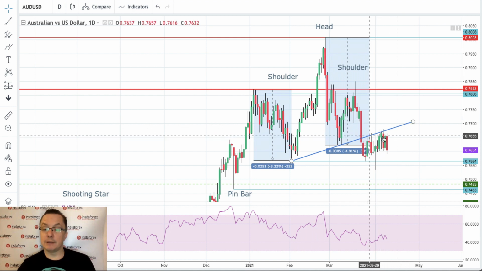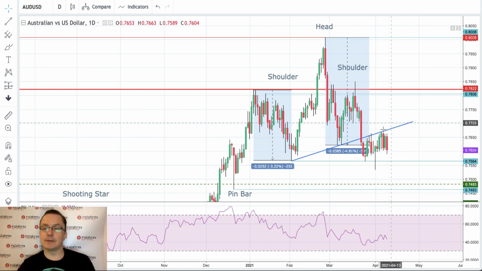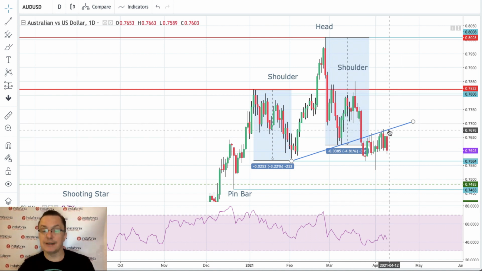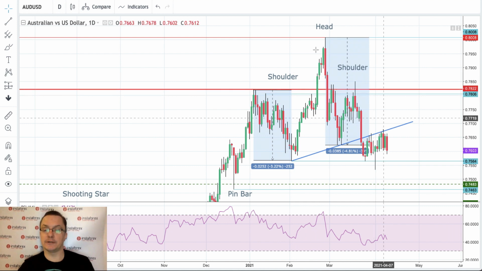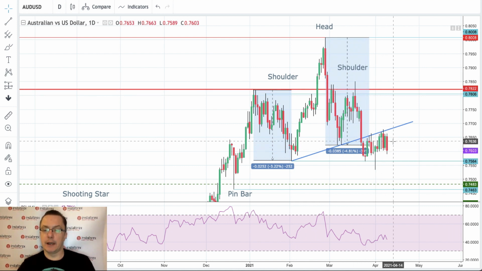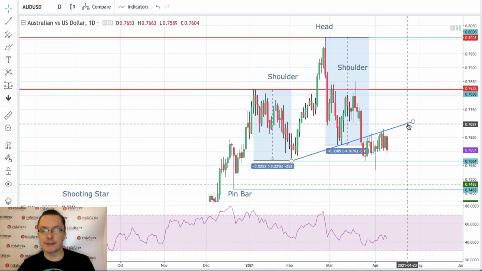They tried many times already, 1, 2, 3, 4, 5, 6 times. They didn't break above this trend line, which means this is the trend line, of course, and this is the neckline, because we have a head and shoulders formation. So please notice that this might be only a kind of consolidation attempt of a breakout to the upside, but it might not work that well.